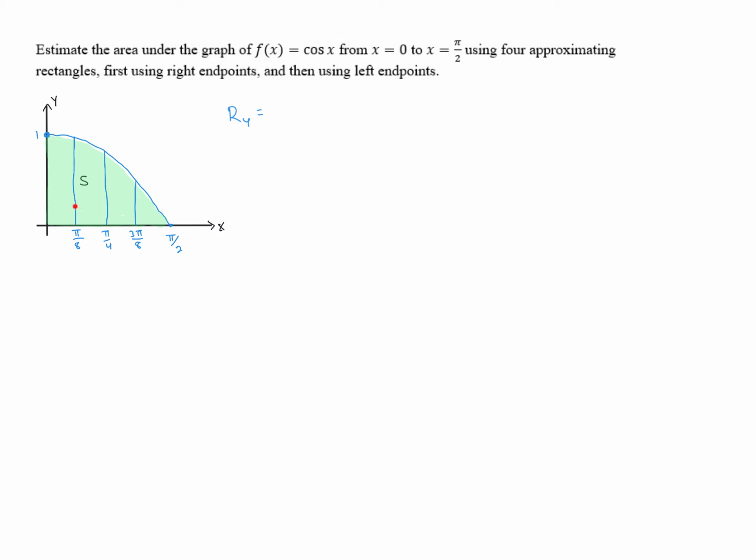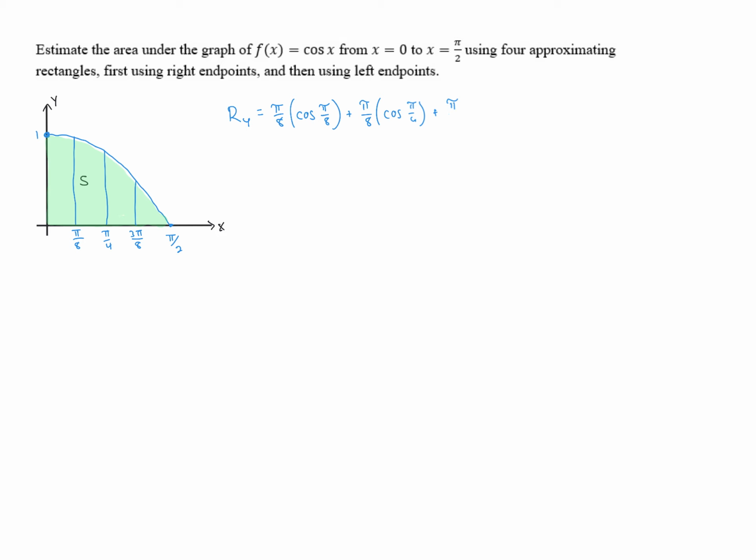If we start with this as a right-handed rectangle, the base of all of these is going to be pi eighths. And then the height is going to be given by cosine of x. So in this case, it'll be cosine of pi eighths for that first rectangle. And then plus pi eighths times cosine of the next right endpoint, which is pi fourths.